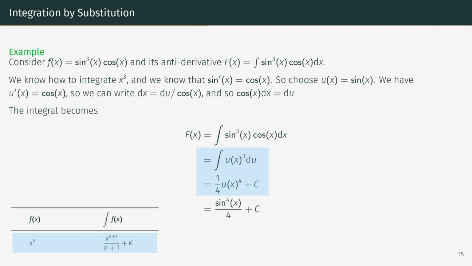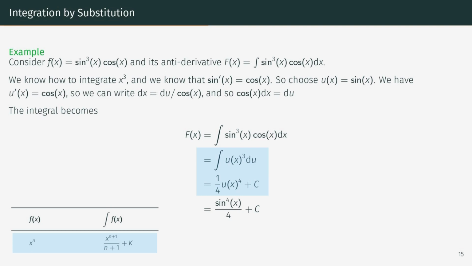Let's look at an example of integration by substitution. Consider the function f(x) equals sine cubed of x times cosine of x, and its antiderivative F(x) equals the integral of sine cubed of x cosine of x dx. We know how to integrate x cubed, and we know that the derivative of sine of x equals cosine of x.